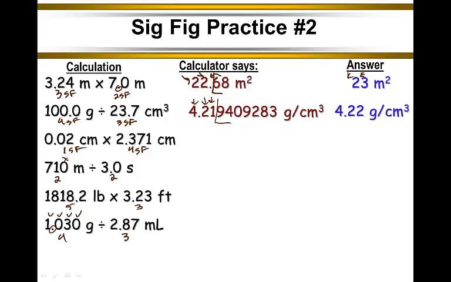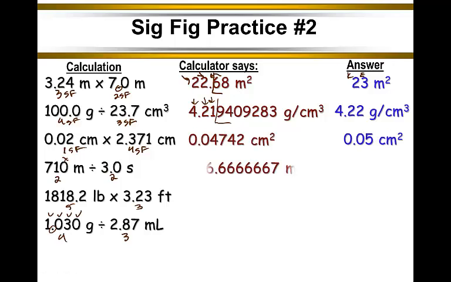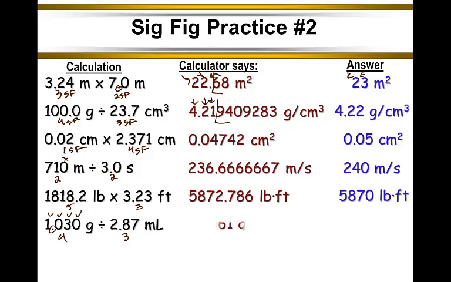How about for the last 4, we just put up the answers so they can check them. Centimeters squared? Centimeters times centimeters. I meant how that one worked. Okay, so you've got 0.04742, 1 sig fig. The first 0 is not significant.